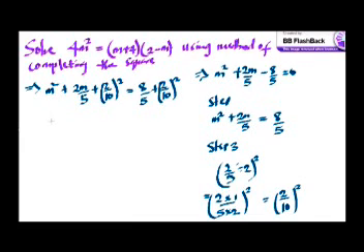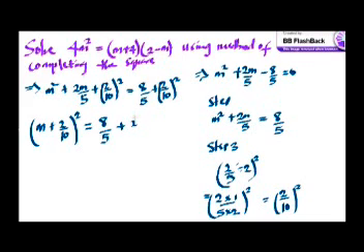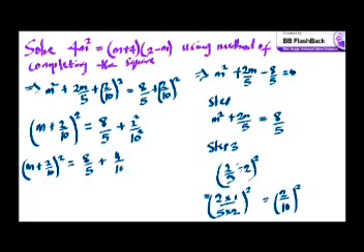If I factorize this, I'm going to have m plus 2 over 10 all square is equal to 8 over 5 plus 2 square over 10 square, and that gives me m plus 2 over 10 all raised to the power 2 is equal to 8 over 5 plus 4 over 100.